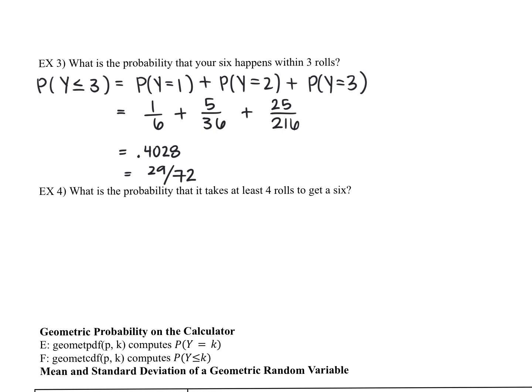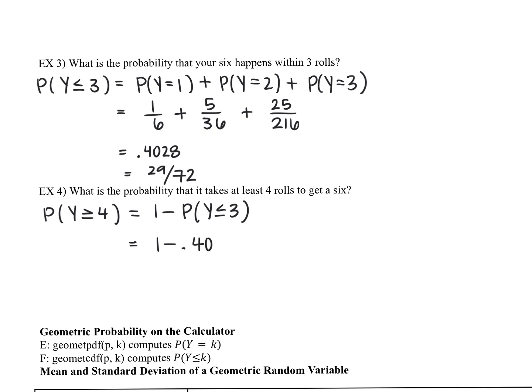Let's talk about the probability that it takes at least 4 rolls to get a 6. Unlike a binomial distribution where I could just add these up, with a geometric it goes on forever. So if I want to find the probability that y is greater than or equal to 4, I have to change it to a 1 minus situation: 1 minus the probability that y is less than or equal to 3, which we already found.